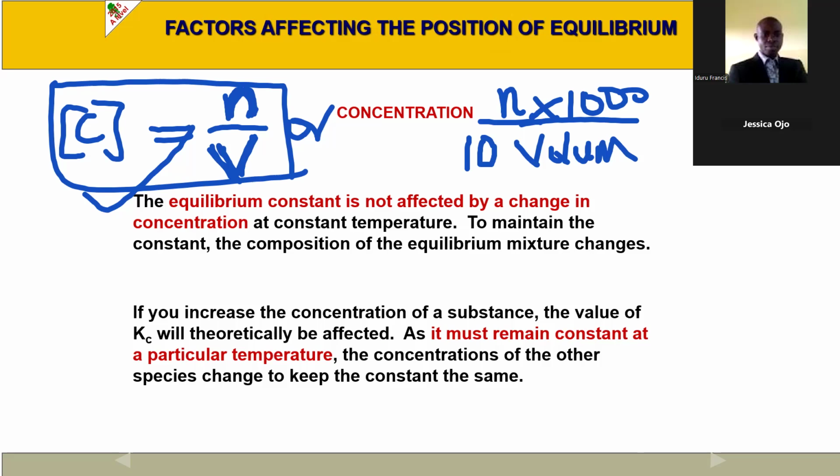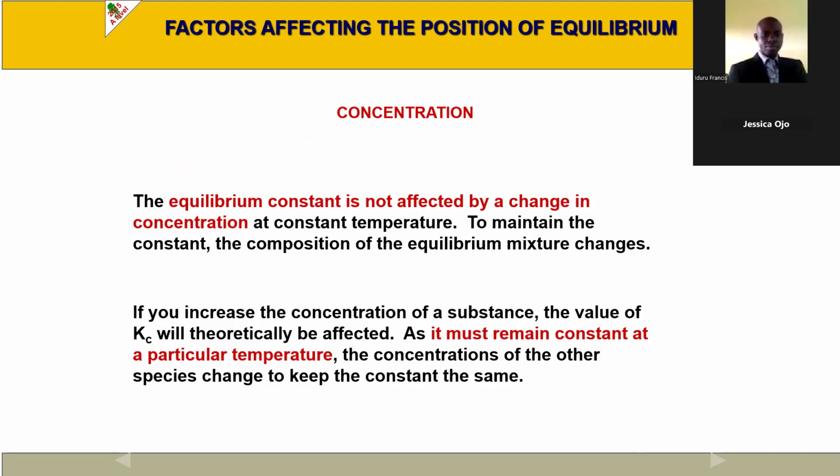Now, let me go with the slide. The equilibrium constant is not affected by the change in concentration at constant temperature. To maintain the constant, the composition of the equilibrium mixture changes. That's where we apply Le Chatelier's principle to ensure that Kc remains the same. The concentration of the mixture will change so that Kc remains the same at constant temperature.